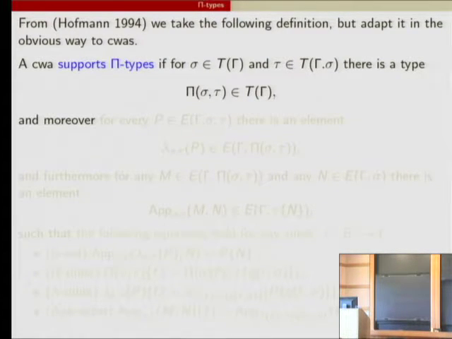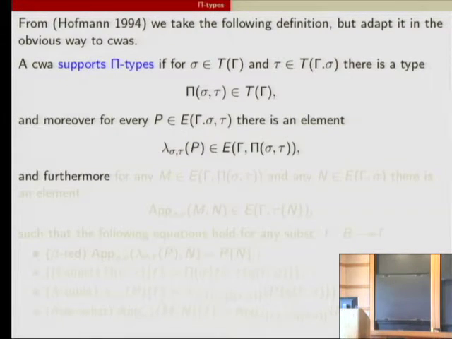So they have different types. This is the type in that context, and we can introduce the type there. Okay, and we have a lambda abstraction if we have a term. So now the term here, we abstract on some element of x in sigma there, and write it like that. And that should be an element of that type.